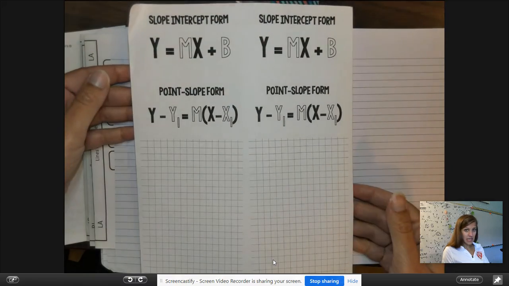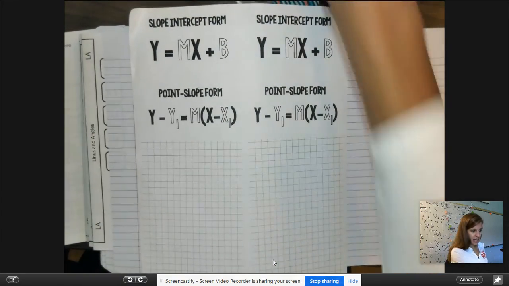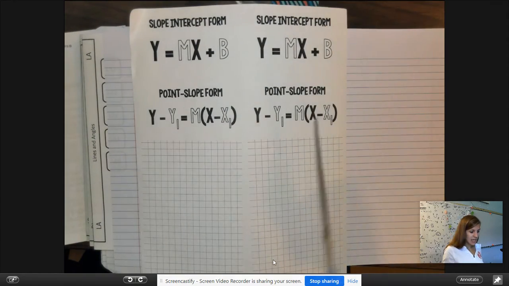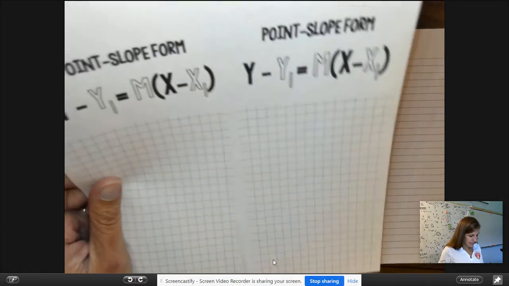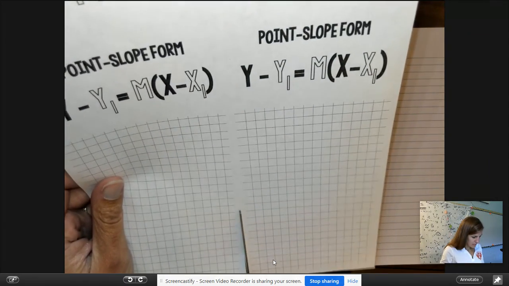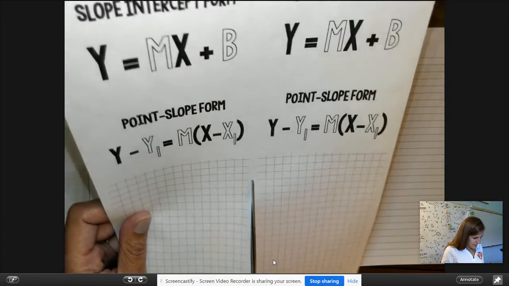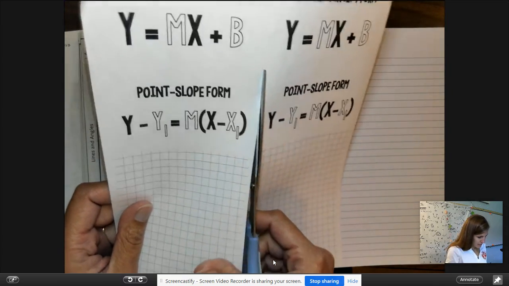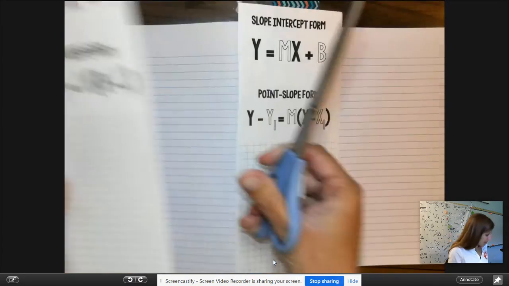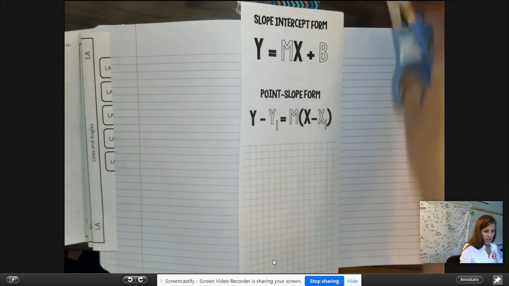And the next thing that you should have in your notebook looks like this. We're going to actually cut this in half long ways because these two sides are the same. And then we can recycle that other half.